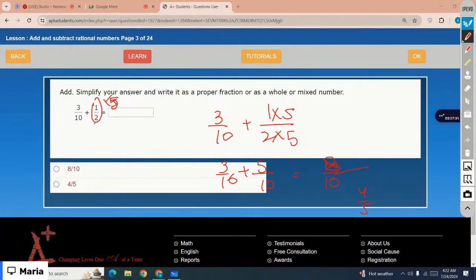The correct option is 4 over 5. Okay, let's just move on to the next one.